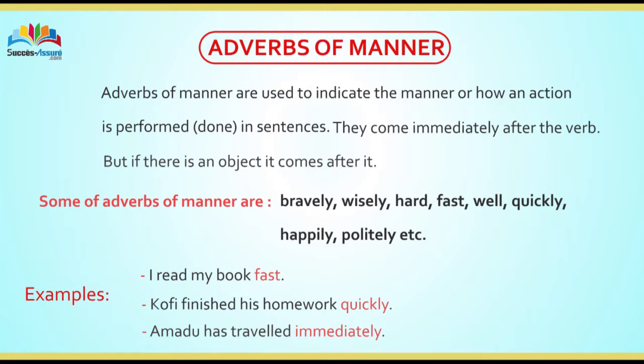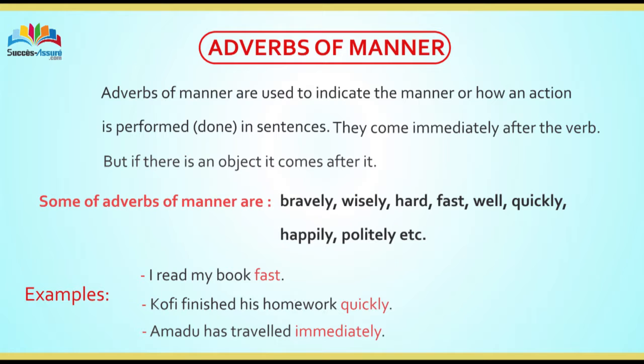If you have an object, it is placed after the object. But in sentence number 3, we don't have any object here. So immediately, that is the adverb, comes after the verb to travel. Is it right? This is the position of the adverb in sentences.